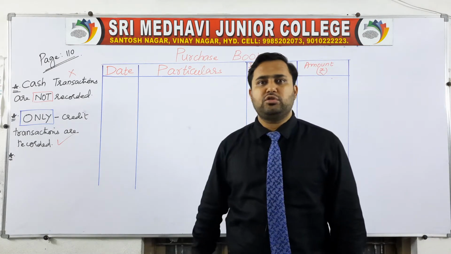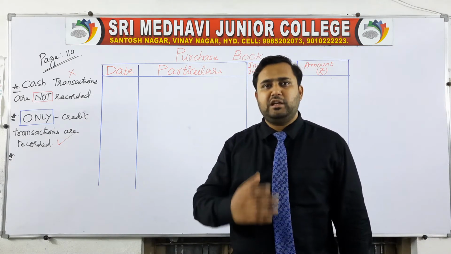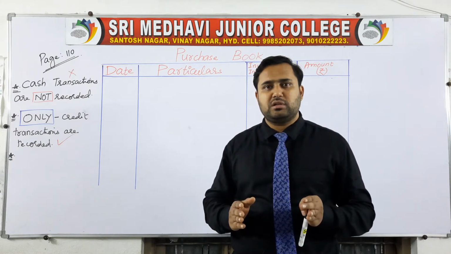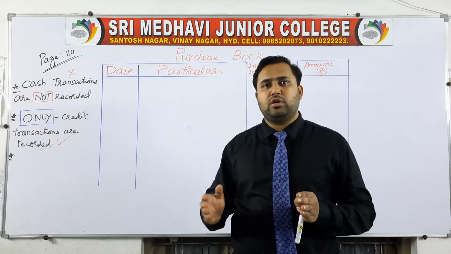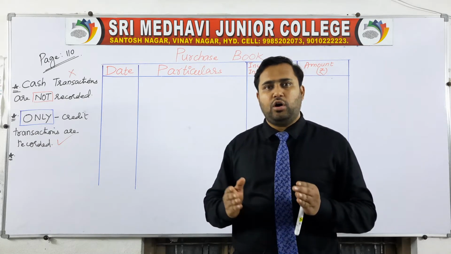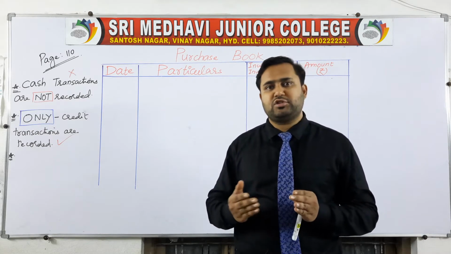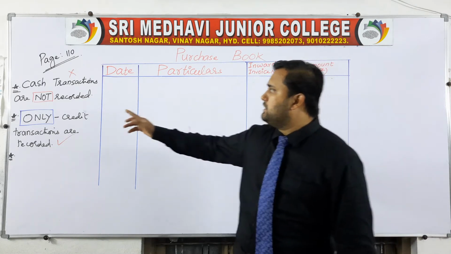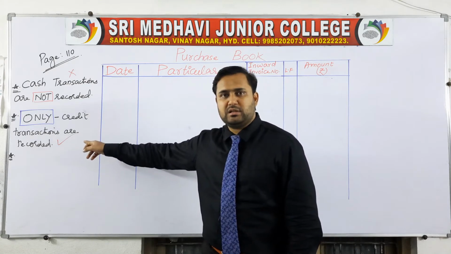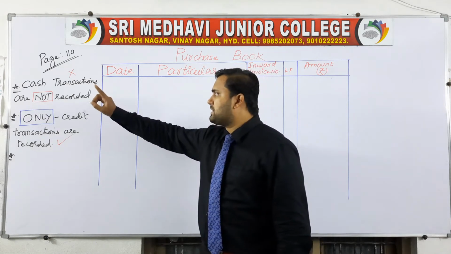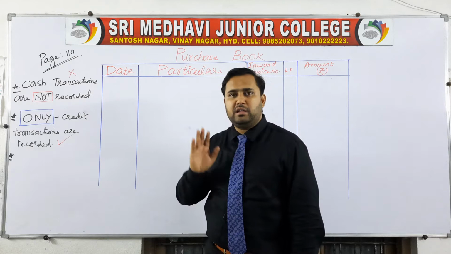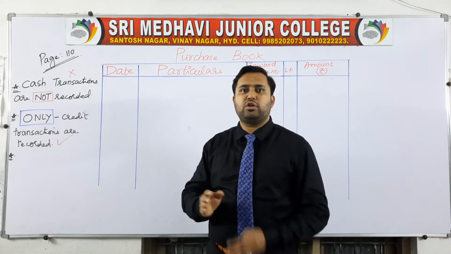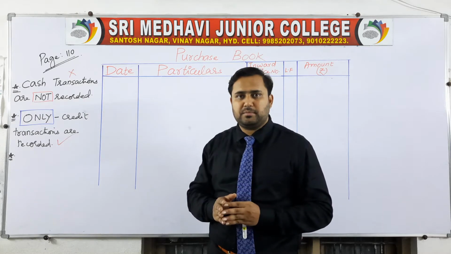Two points you need to remember before solving any problem related to subsidiary books, either purchase book, purchase return book, sales book or sales return book. Cash transactions are not recorded in any subsidiary book; they are recorded in cash book.